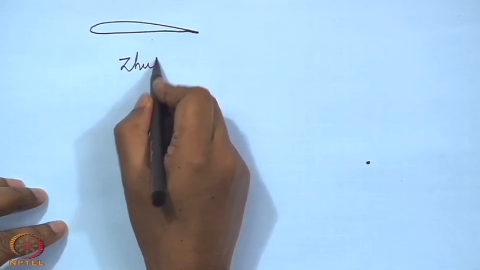But this is not what common airfoils look like. In common airfoils, the trailing edge angle is a small but finite angle, not 0. So, all practical airfoils have a finite trailing edge angle; they are not cusped. These Zhukovsky airfoils have cusped trailing edges.